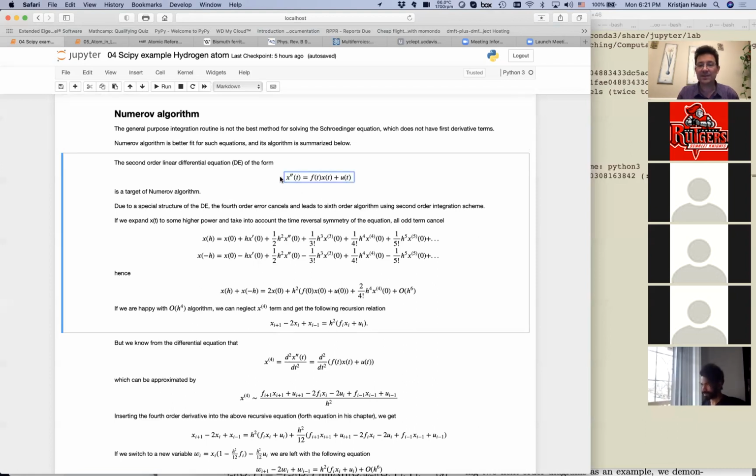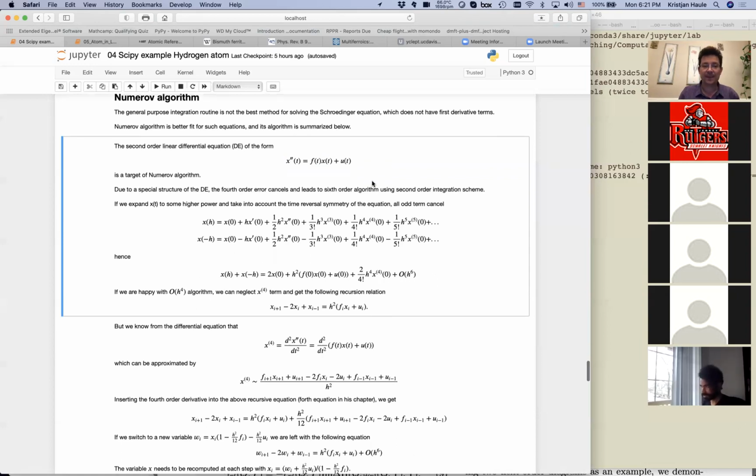Again, the importance here is that we don't have a first order derivative appearing in the equation. Now we're going to see in a minute why this is so important, or why life is then much easier than normally. This is because of the special structure of this differential equation.